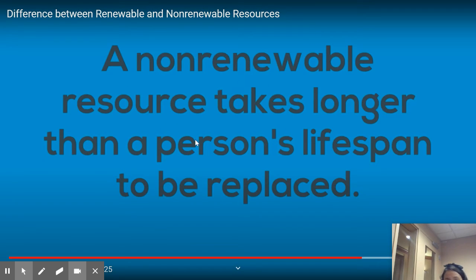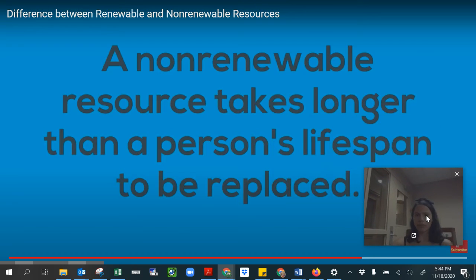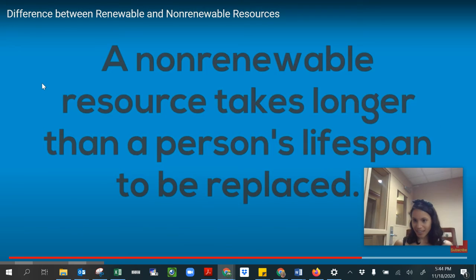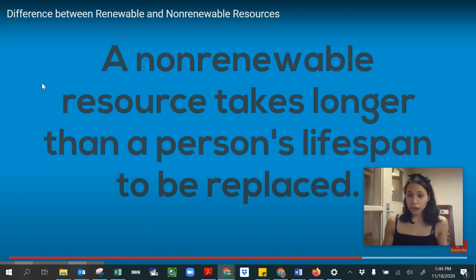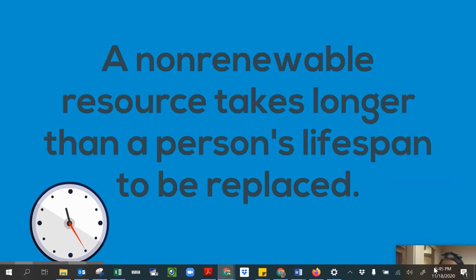A non-renewable resource takes longer than a person's lifespan to be replaced. So instead of taking, say, 80 to 100 years to produce, in this case it is taking, say, 200 to even 2 million years to create. It takes millions of years to form these.